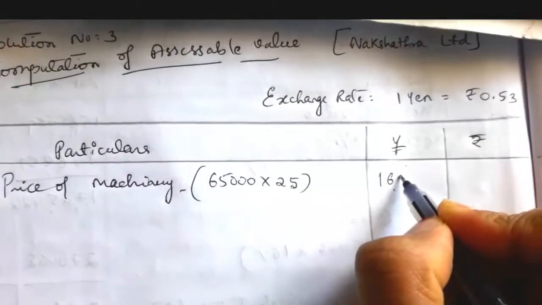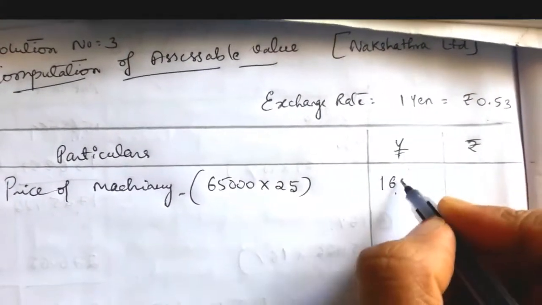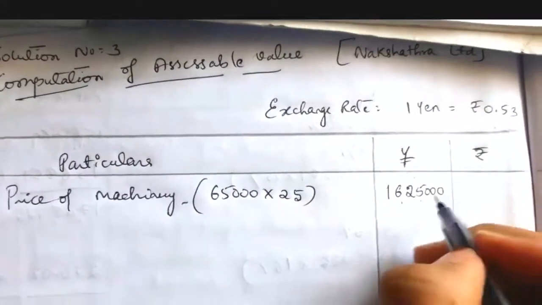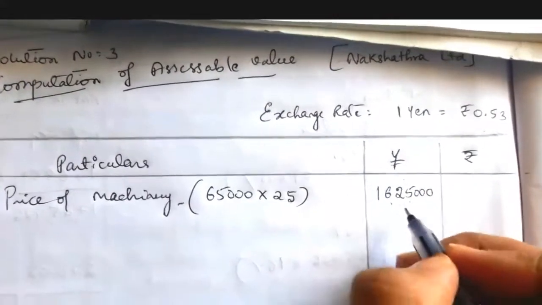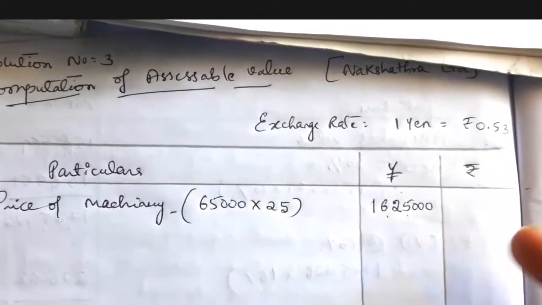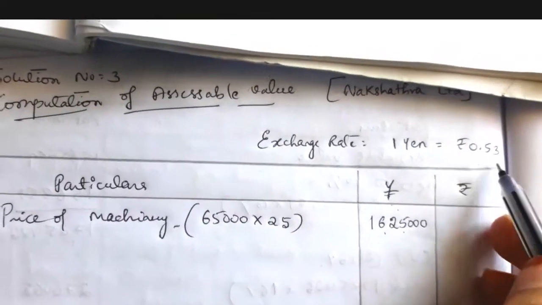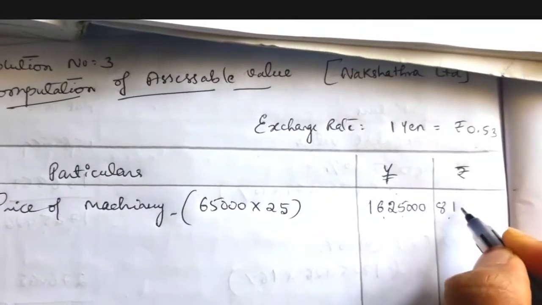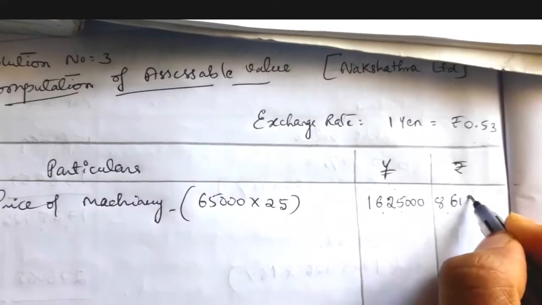Take this value in the Japanese yen column. Now we have to convert this value into Indian rupee, that is 16,25,000 into 0.53. We will get 8,61,250.